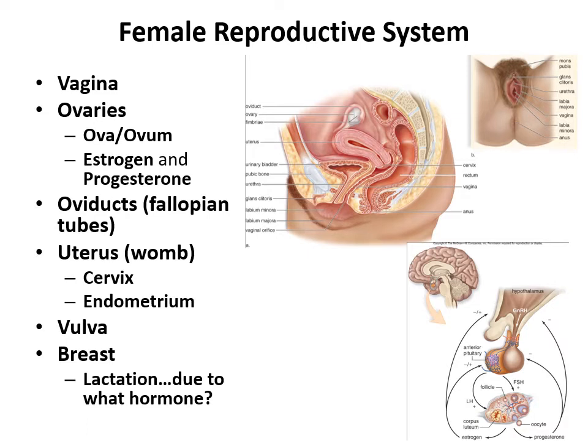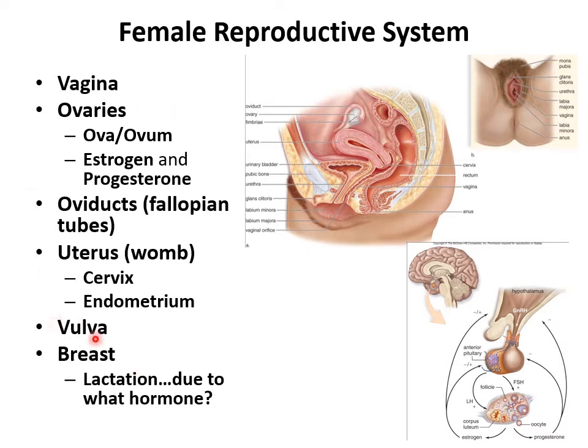A female cervix will open up or widen so that the baby can make its way out. And the lining within the uterus is the endometrium. So when you hear that term endometrium, that's the lining in the uterus.